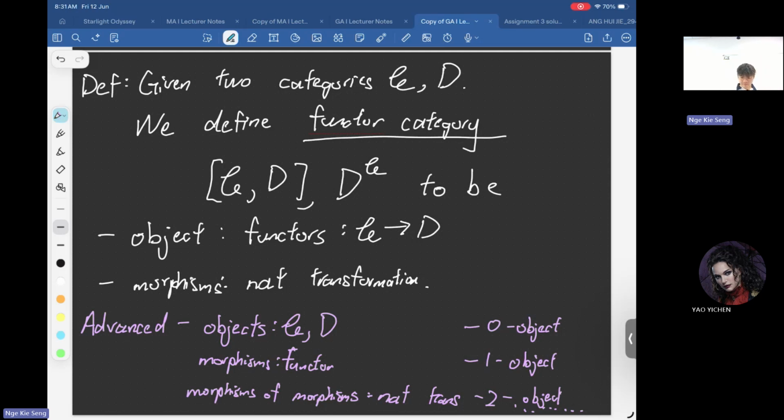And we also have names for these. If you have 0 and 1 together, this is what we call an ordinary category. If you have 0, 1, 2, we call this a 2-category, and then 3-category, 4-category, 5-category, 6-category. And if you have infinitely many of them, then we have an infinity category.